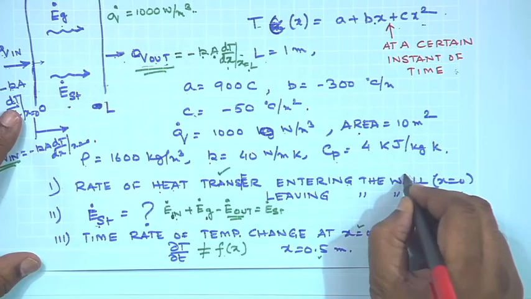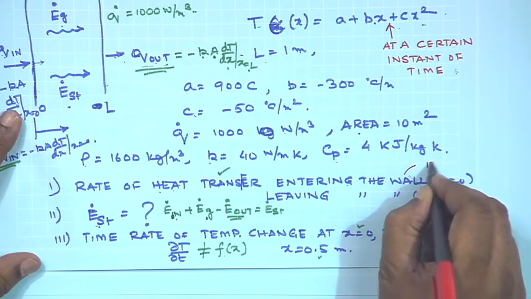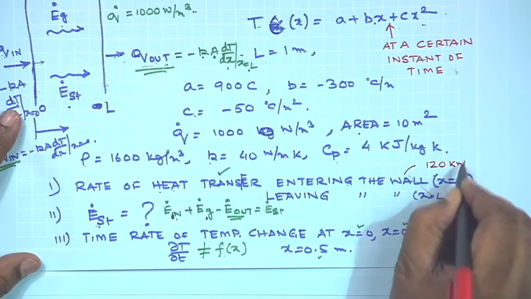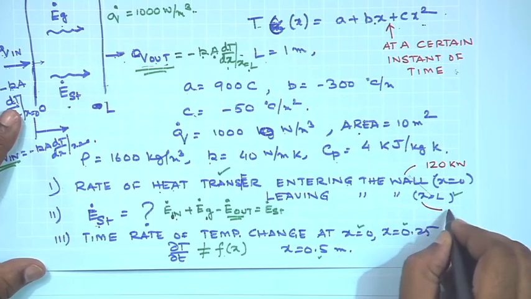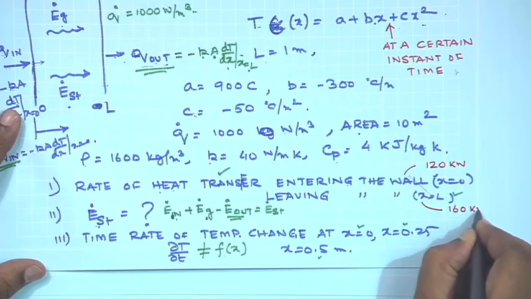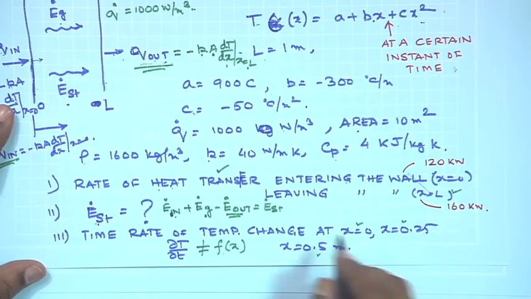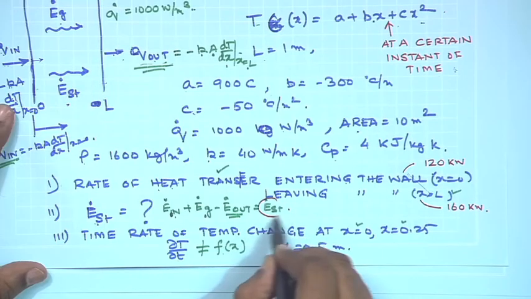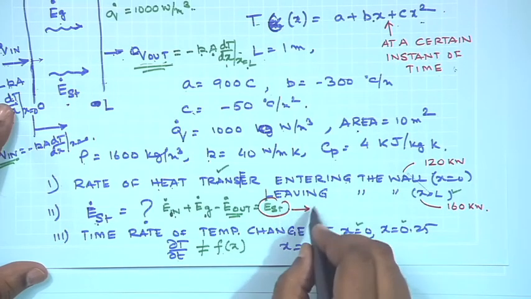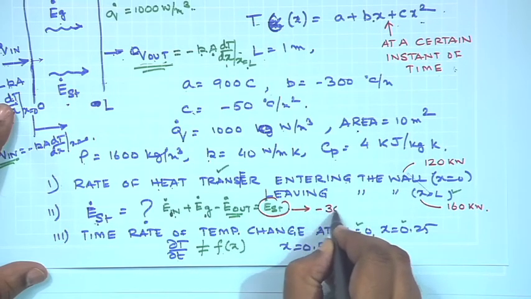So, Q dot in is going to be 120 kilowatts, the Q dot out is going to be 160 kilowatts, and the energy stored in the system is going to be equal to minus 30 kilowatt.